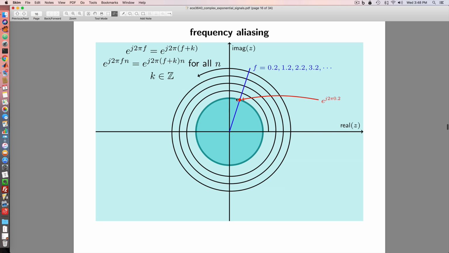And you can get to 3.2 and so on. But really, those are just traveling around the unit circle multiple times, and you get back to that same point that you could get to on your very first pass around the unit circle. So this is the concept of frequency aliasing, and it's a phenomenon when you're dealing with discrete time signals.